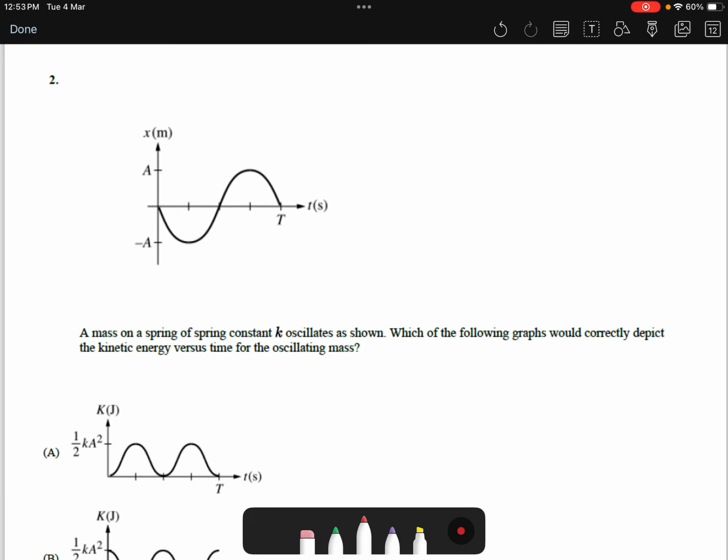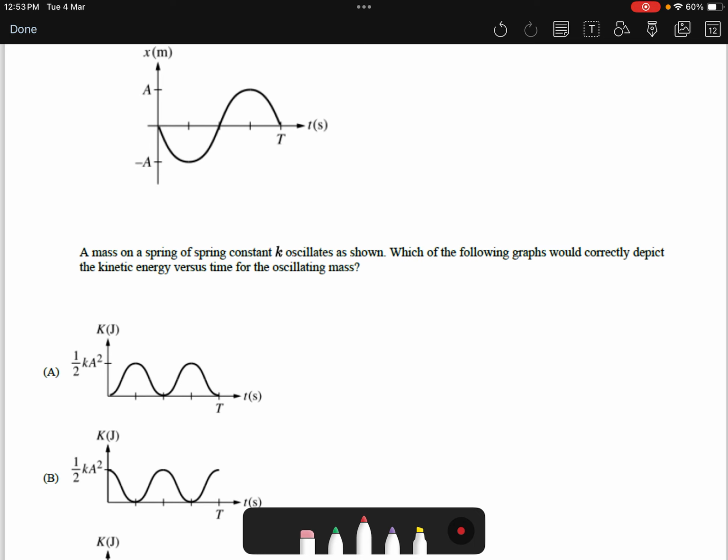Now, next. A mass on a spring of spring constant K oscillates as shown. Which of the following graphs would correctly depict the kinetic energy versus the time for the oscillating mass?